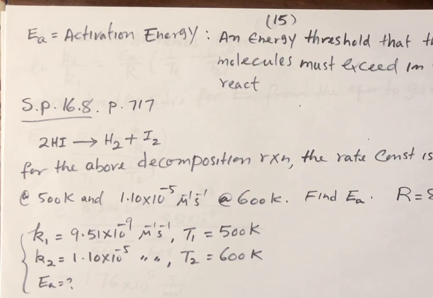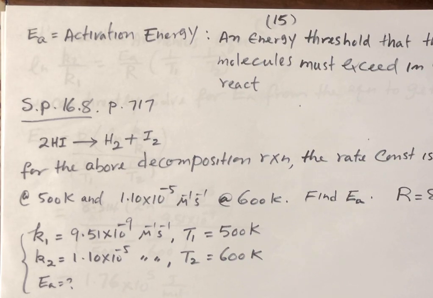In other words, if the reactant molecules do not possess a minimum amount of energy that they need to go from the reactant side to the product side, then the reaction will not take place. It's more of an energy threshold that these molecules must possess in order to react with each other and be converted to the product side. So that's called the activation energy.